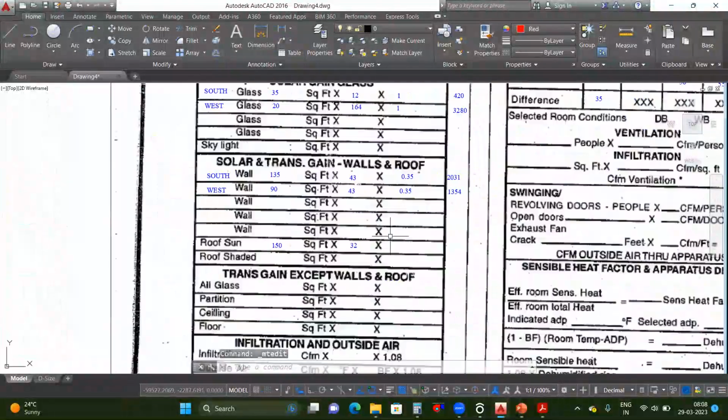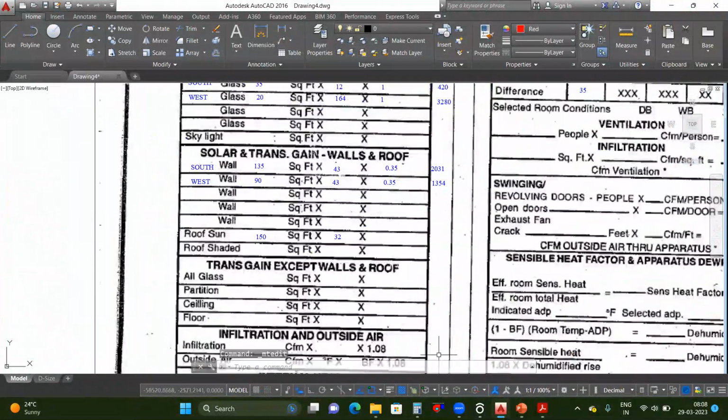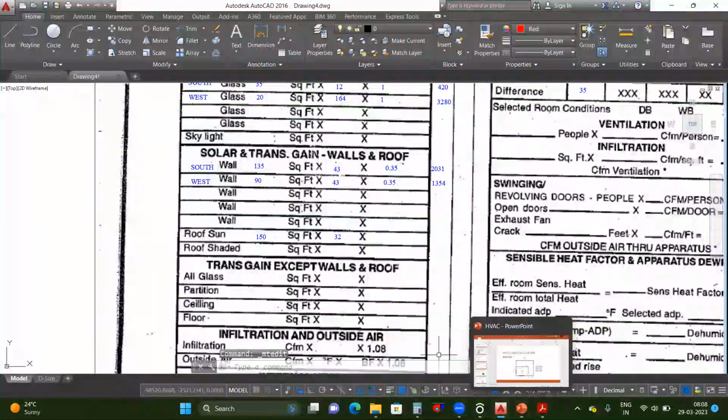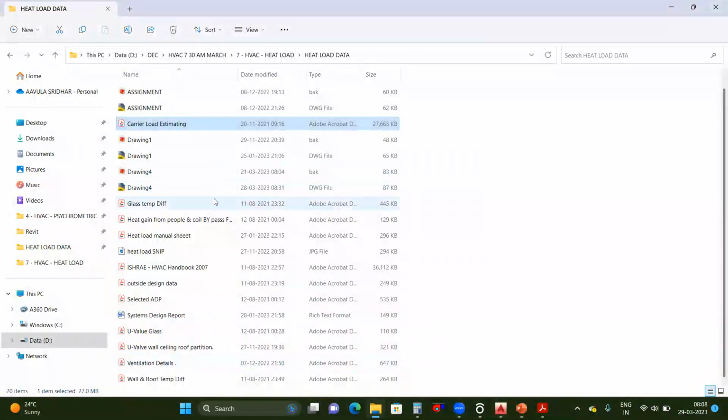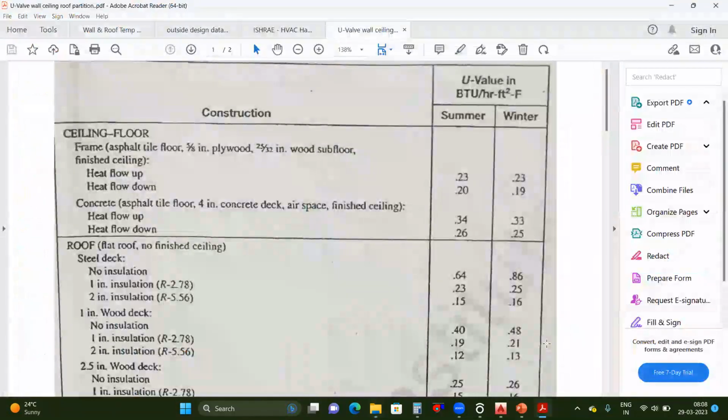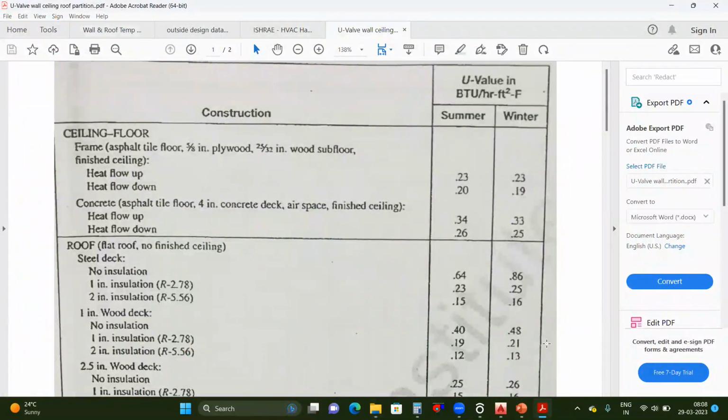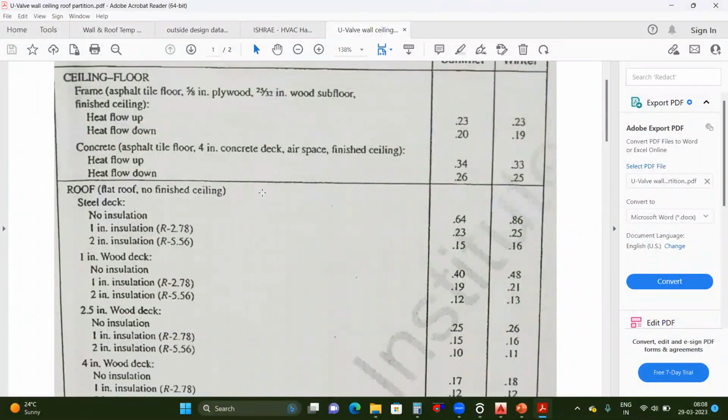Okay, so next we need to enter the U value. We know how to calculate the U value, so we can calculate ourselves. But I have some reference so that every time I don't need to calculate, I will take this value from this book. Roof partition. This is one reference I have, so I will take the values from this table. Okay, so here we are doing for the roof.